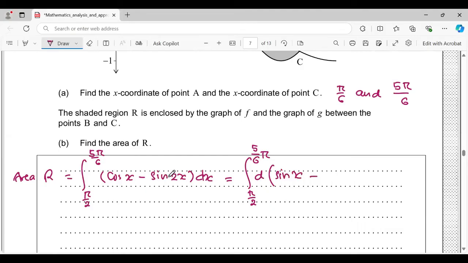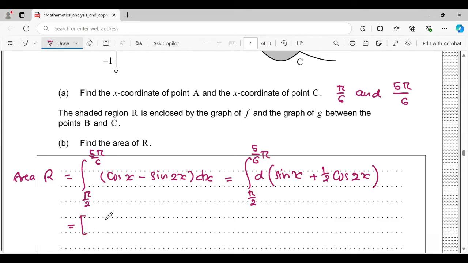The integral of minus sine 2x is minus, so becomes plus half cosine 2x. Okay. After that, substitute 5 pi over 6 and pi over 2 into this expression.